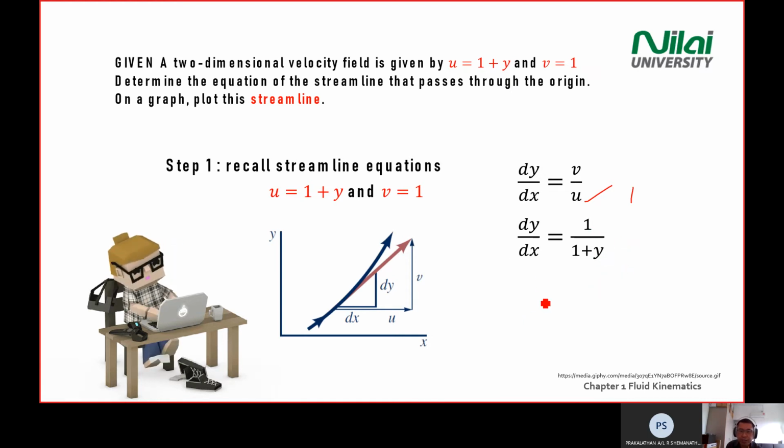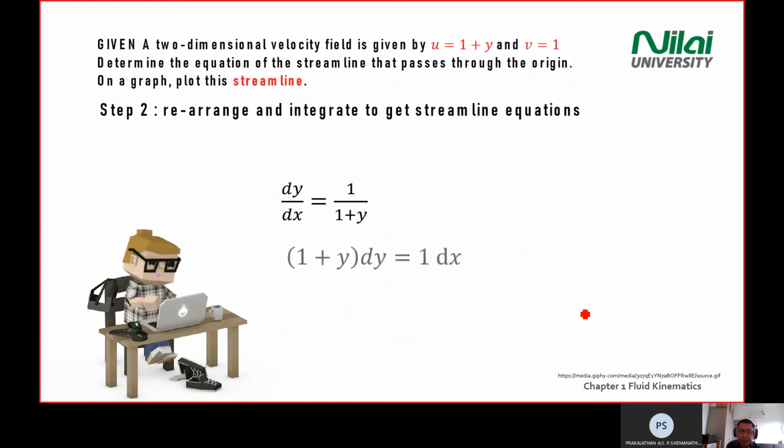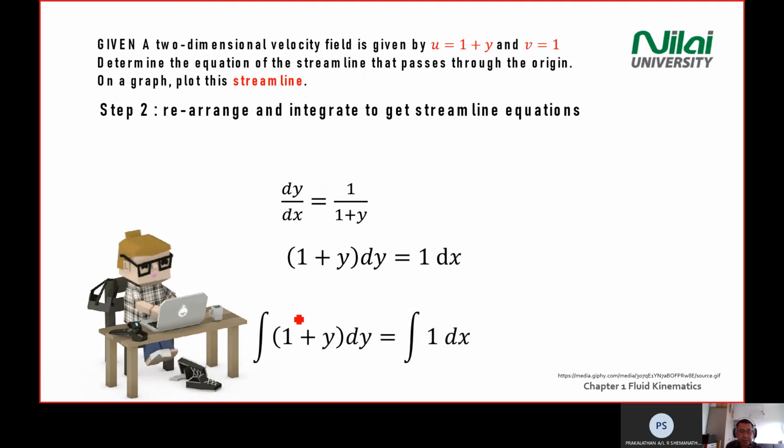Then after that, you do the integration procedure. You just move your y to one side, x to one side, then add in the integration sign. Of course, without the boundary condition of the integration, you will have a constant value.